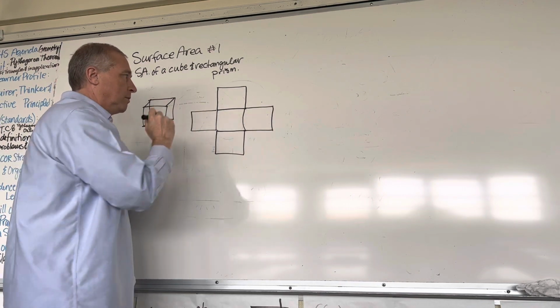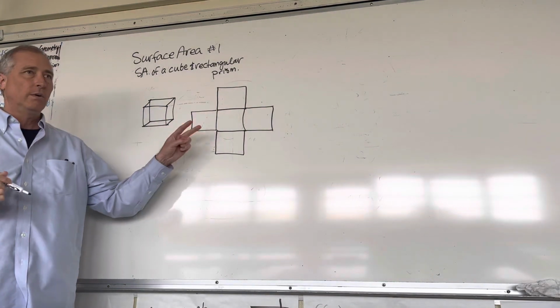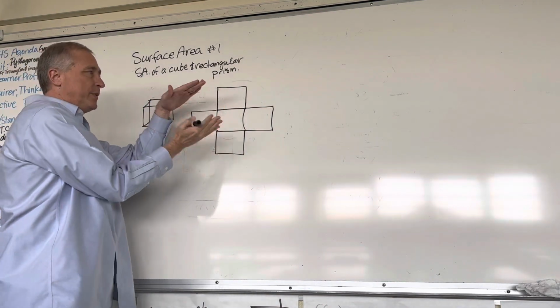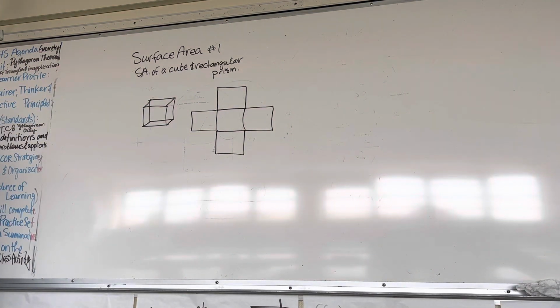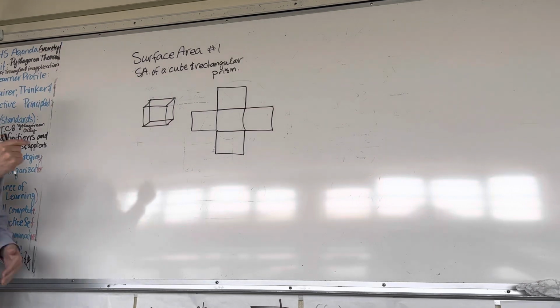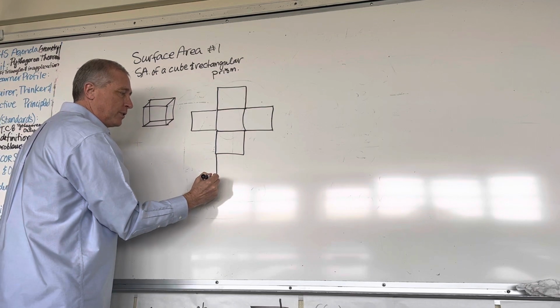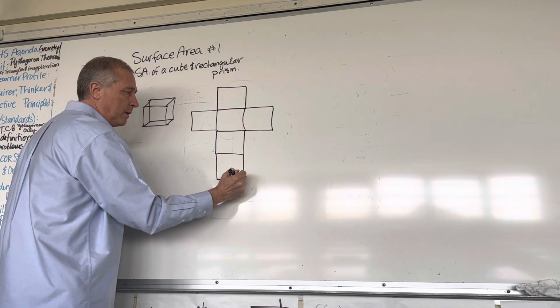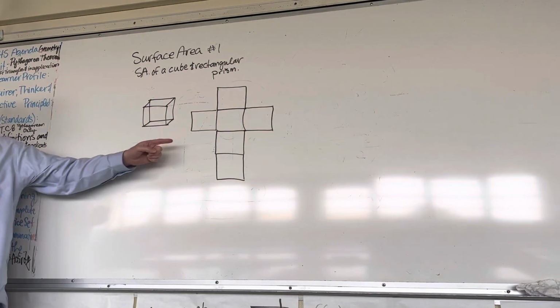Imagine drawing this on a piece of paper, cutting it out, and then folding up the sides. You're going to fold up these 4 sides. What am I missing? A top. So let's add a top so that when you fold up the sides, there's a top with it. Fair enough?